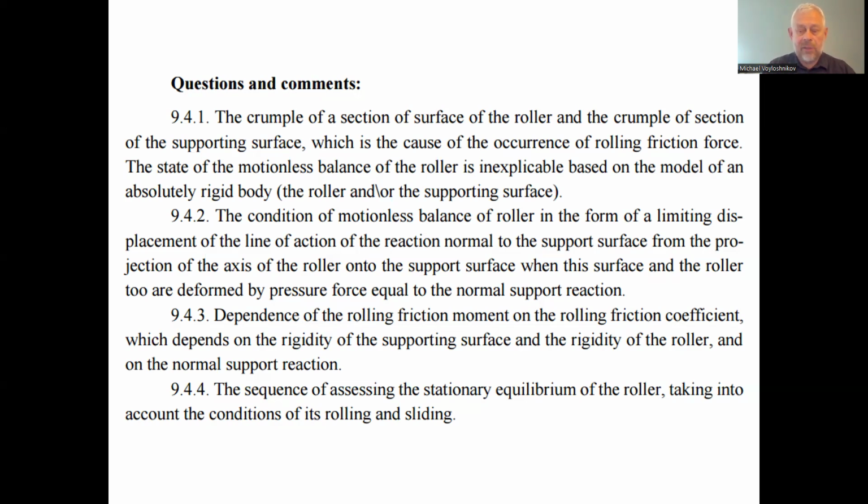And the sequence is to find the magnitude of the force which can cause dry sliding, and the magnitude of the force which can cause rolling. The conclusion is to find the conditions of the balance at rest of the roller on the surface, or the condition at which movement of the roller begins, to slide or to roll.